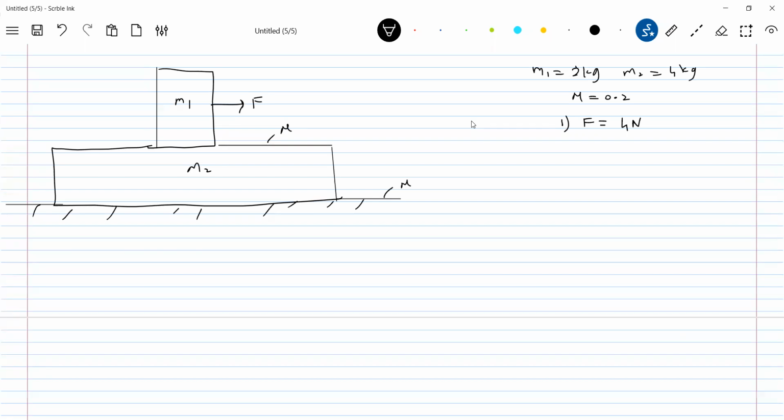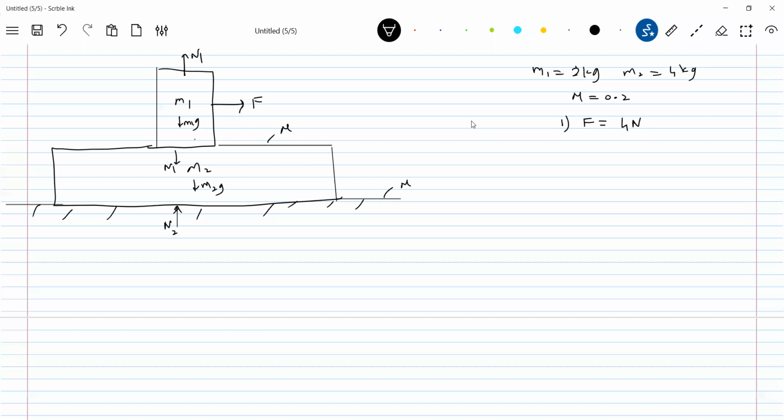Before that, we should have the basic picture like this. This is N1, M1G, this is N1, and this is M2G, and this is N2. These are the normal contacts that are acting.